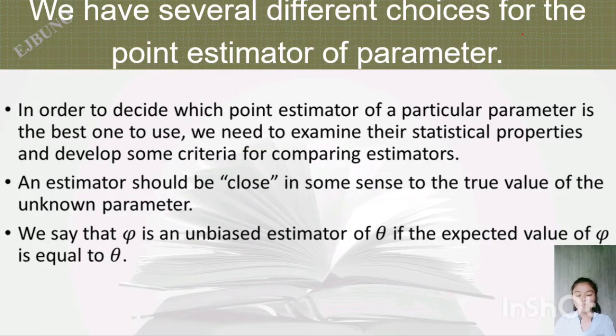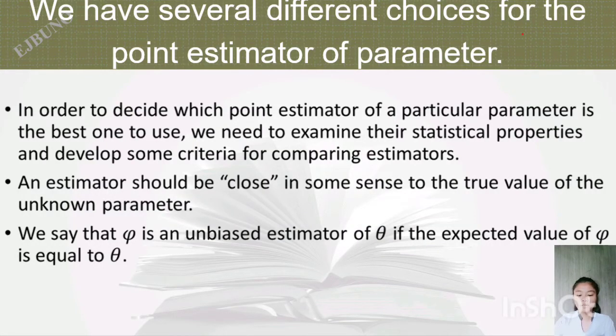We may have several different choices for the point estimator of a parameter. For example, if we wish to estimate the mean of the population, we might consider the sample mean, the sample median, or perhaps the average of the smallest and largest observation in the sample as a point estimator.